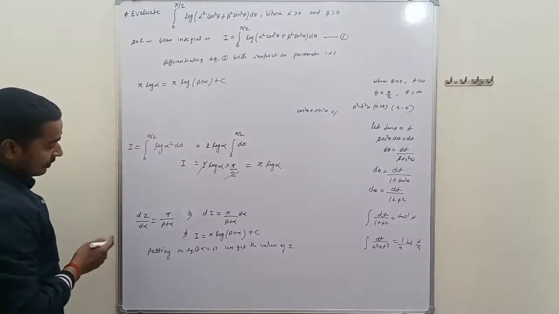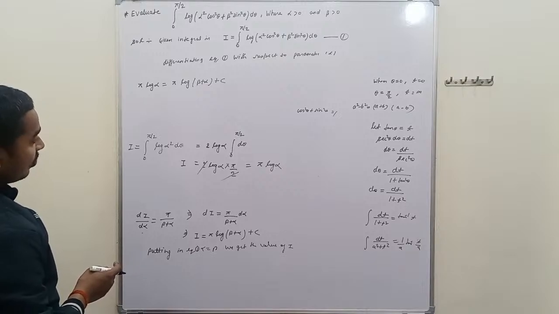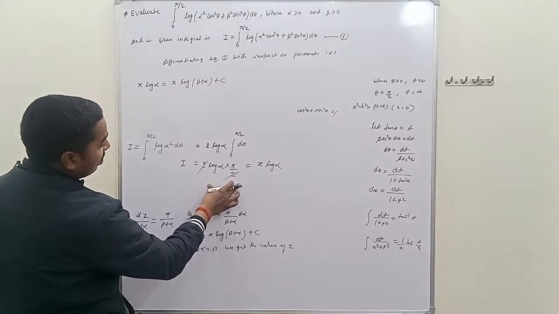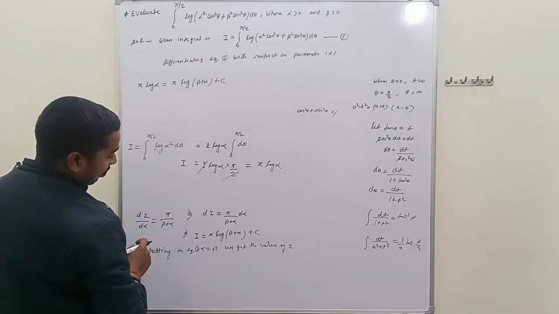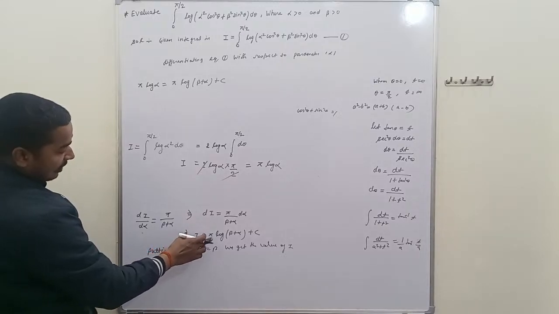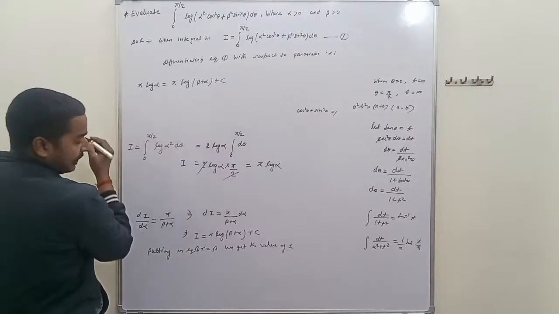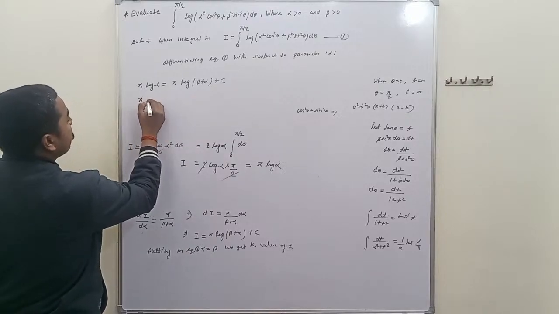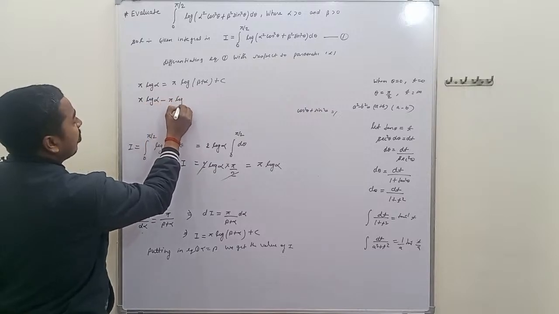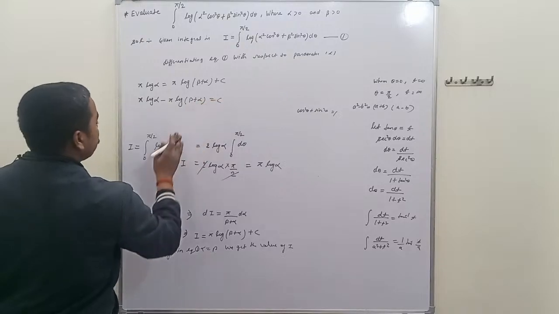To find the value of c, putting the value of I in the equation I is equal to pi log beta plus alpha plus c, we get c equal to pi log alpha minus pi log beta plus alpha.